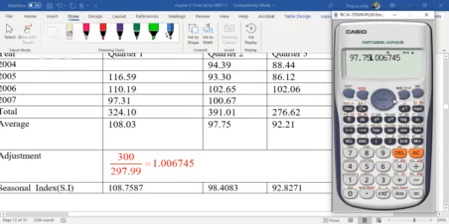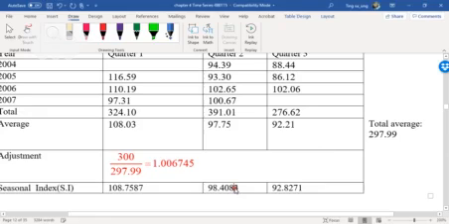97.75 multiply with 1.006745. Okay, so 98.4093.